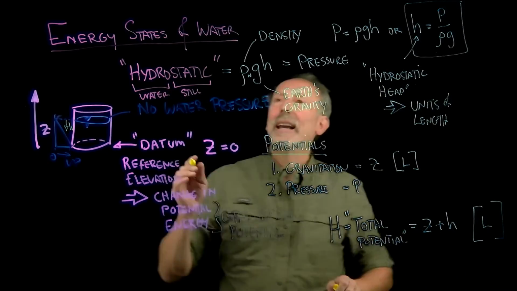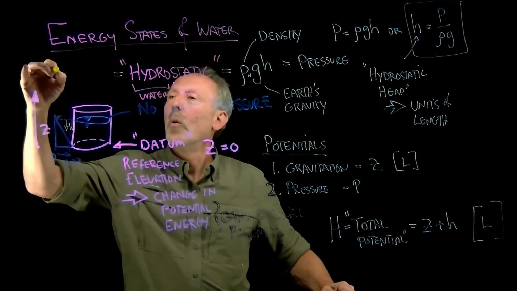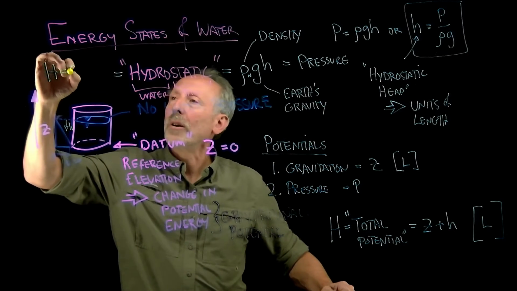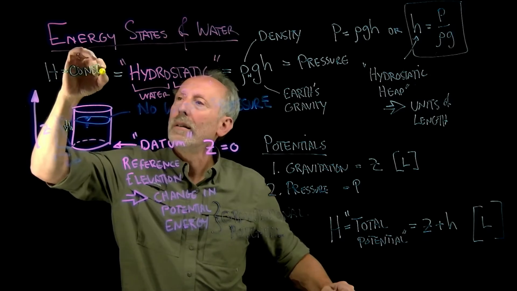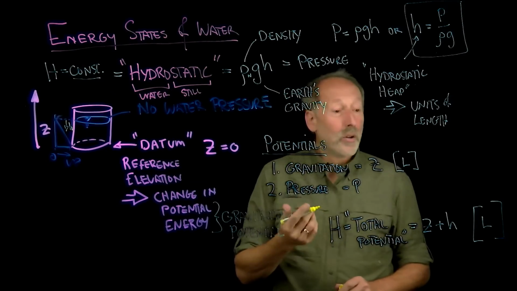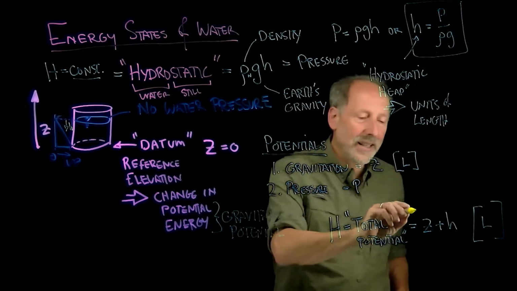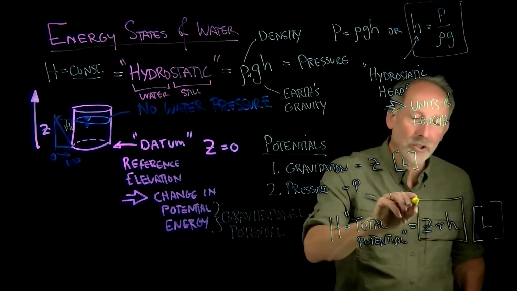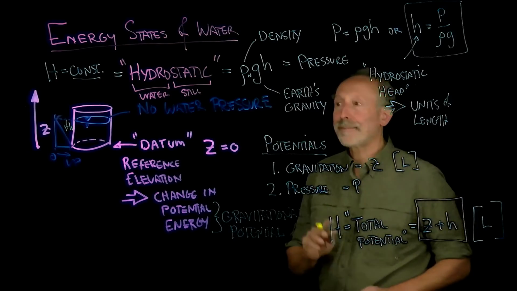So the hydrostatic case is specifically when H is equal to a constant everywhere in the system. What that means then is that Z plus little h is a constant.